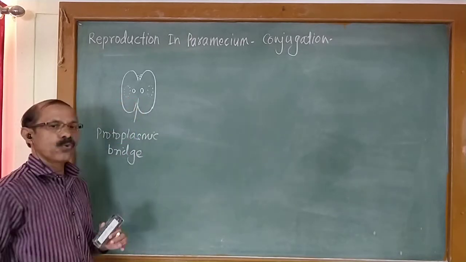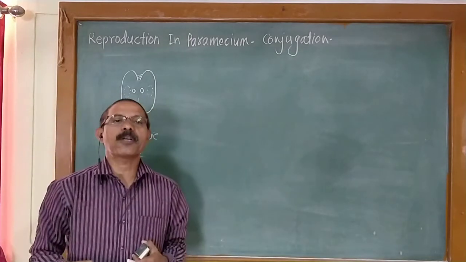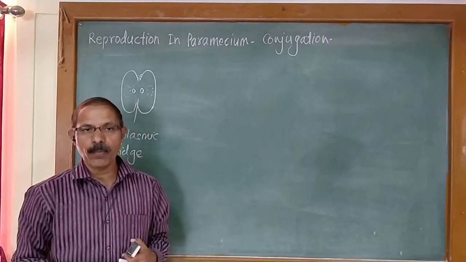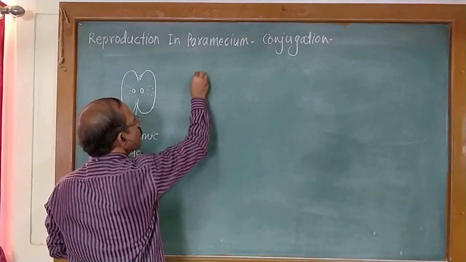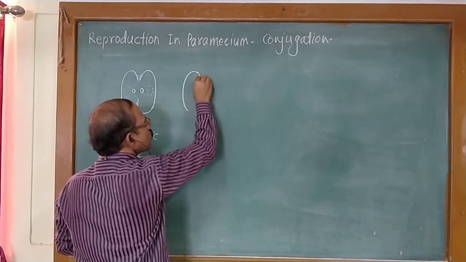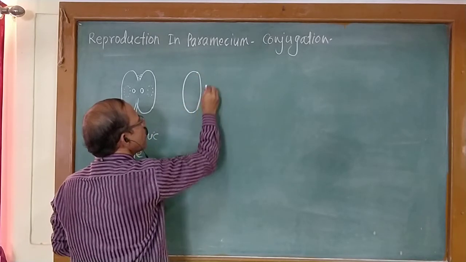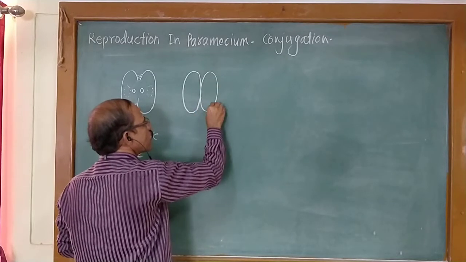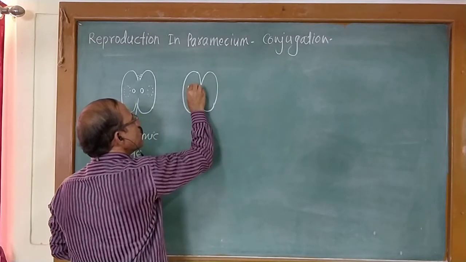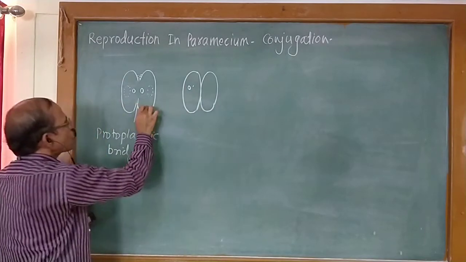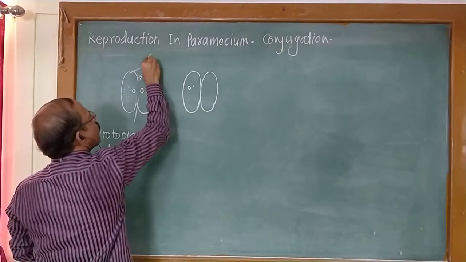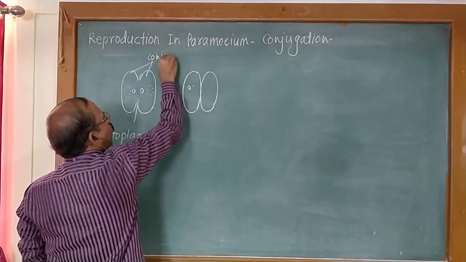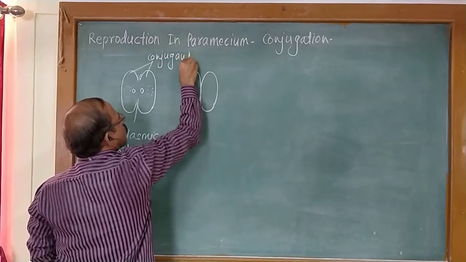This micronucleus actively takes part in the process of conjugation. It divides twice. After union, the paramecia are called conjugants.